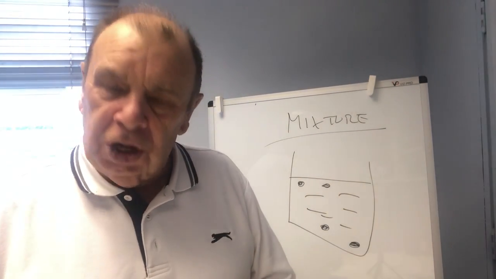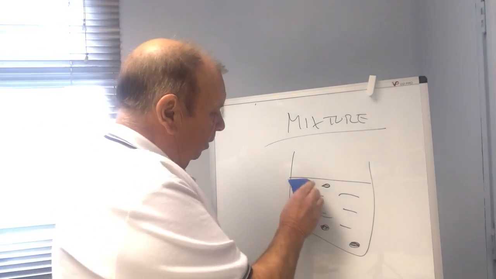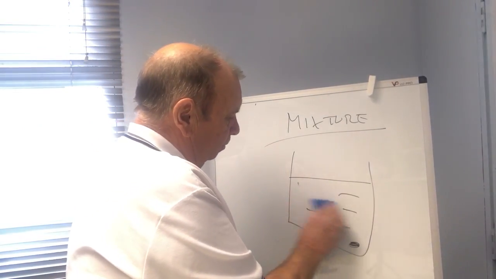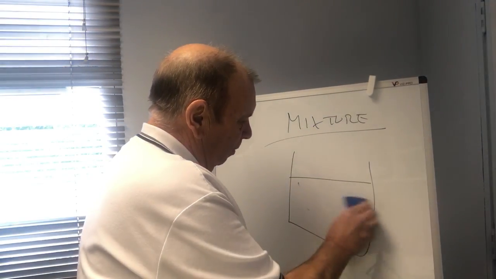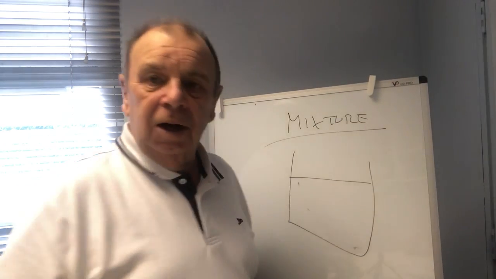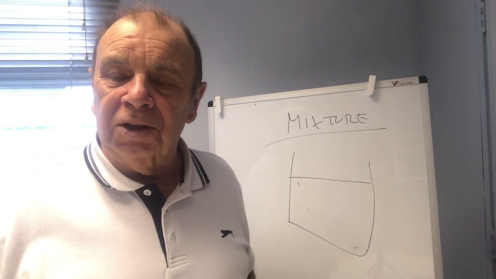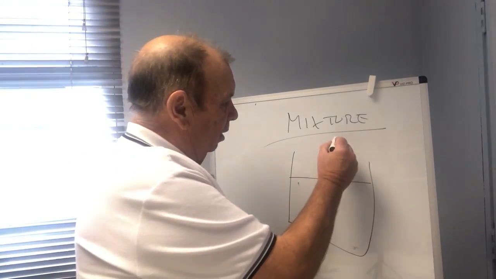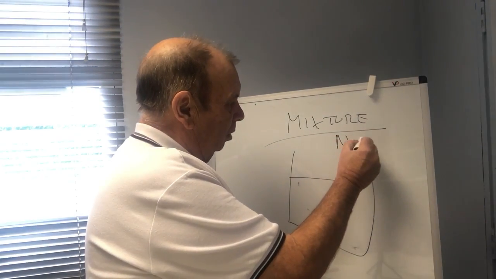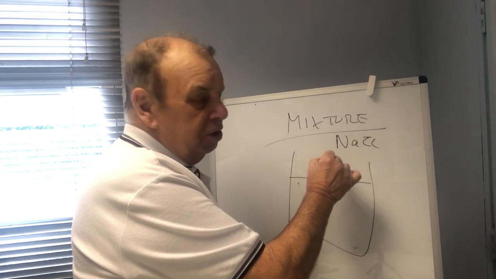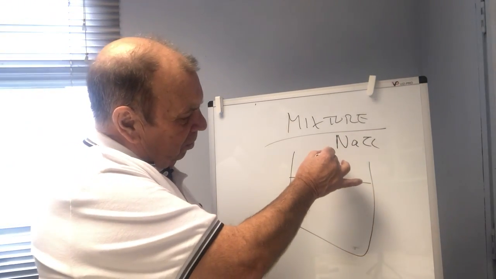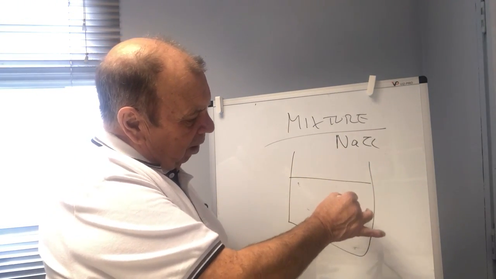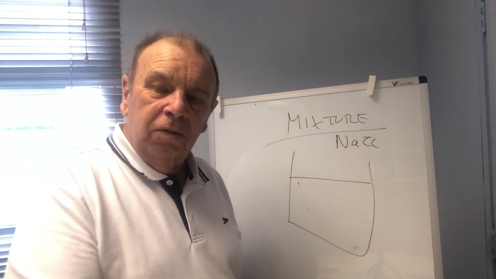Now let's change that to, instead of sand, I put in salt. You know that stuff you stick on your fish and chips? Salt is sodium chloride, NaCl. If I put it into the water, I mix it up, it dissolves.